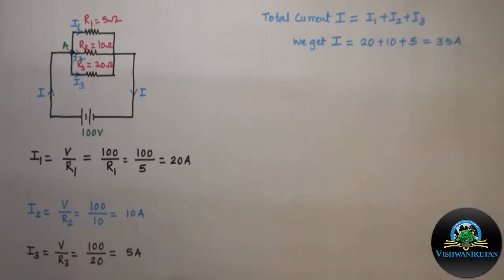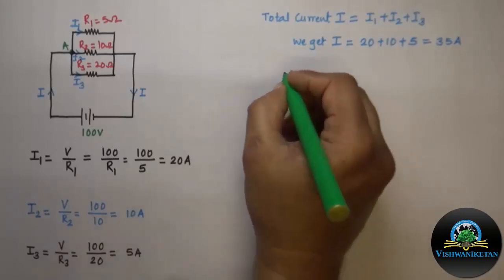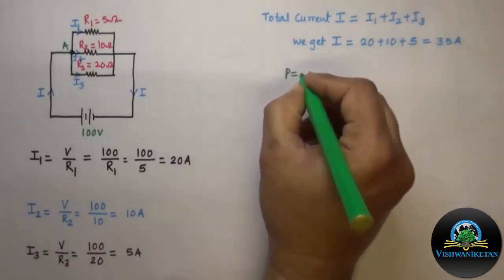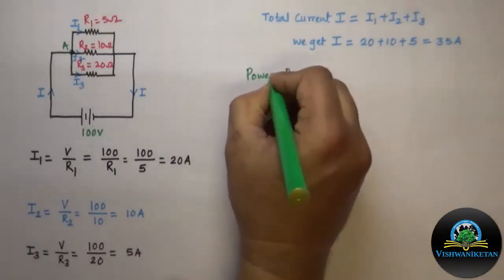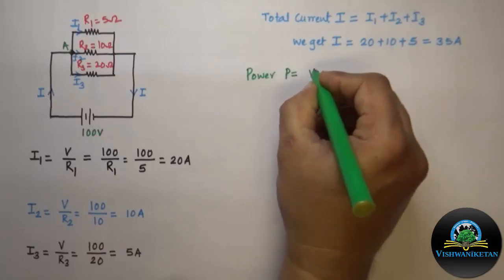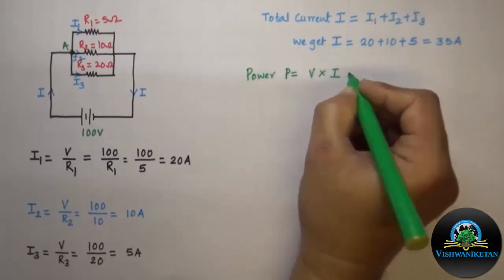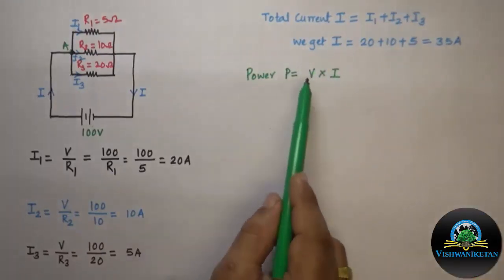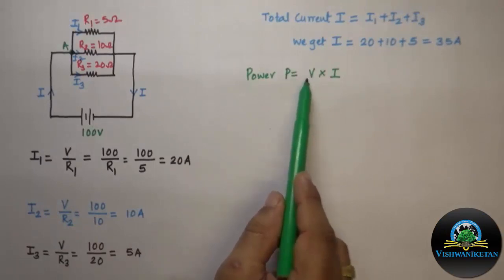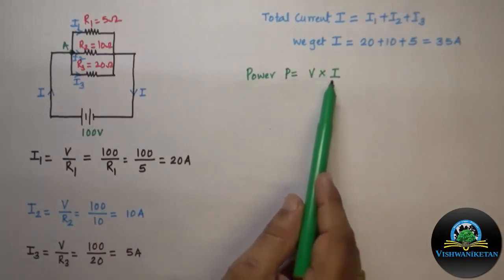Now the next part in the question is to calculate the power drawn from the source. The formula for power drawn from the source is P equal to V multiplied by I, where V is the source voltage and I is my total current.